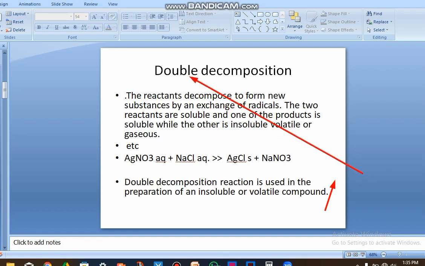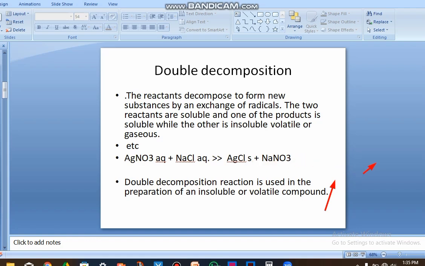Supposing it was decomposition alone, this single sodium chloride can split to form smaller ones, but this one is double, so it must have two compounds. Are you getting it now? So if you see this type of reaction, with two compounds, they are exchanging each other to form new substances. Are you getting it now?